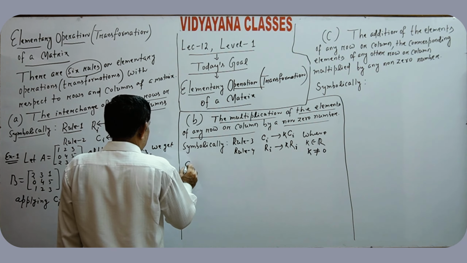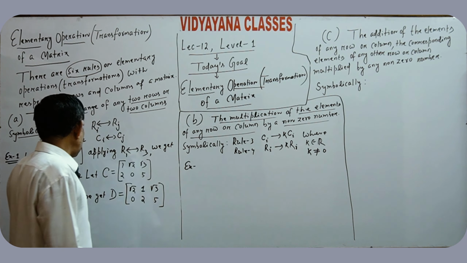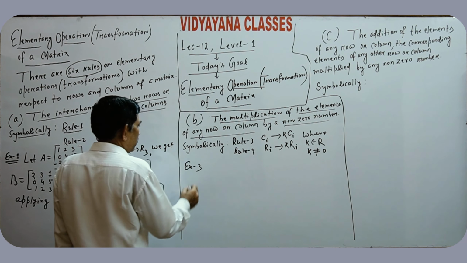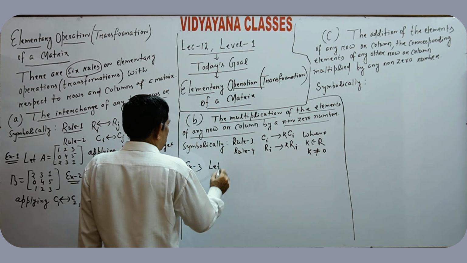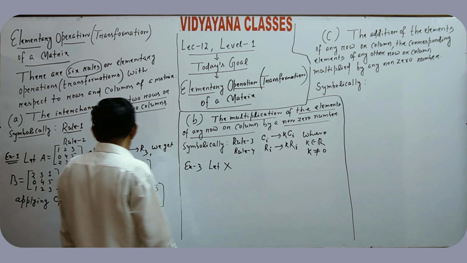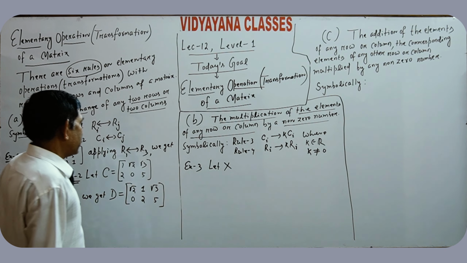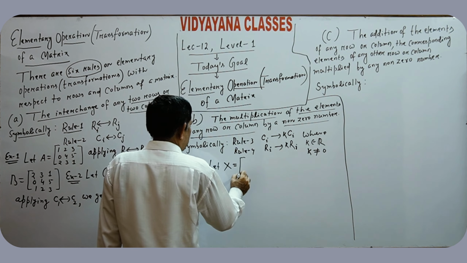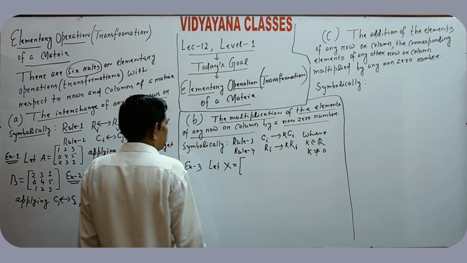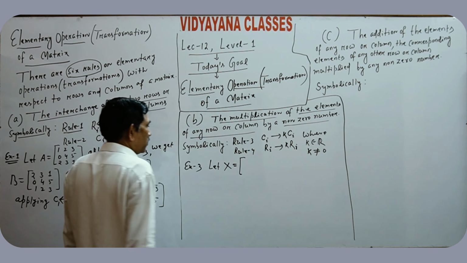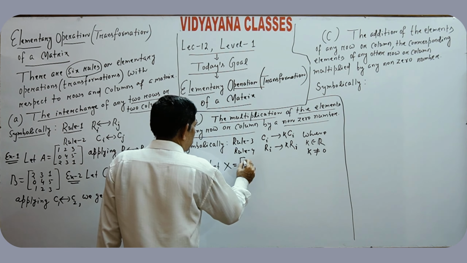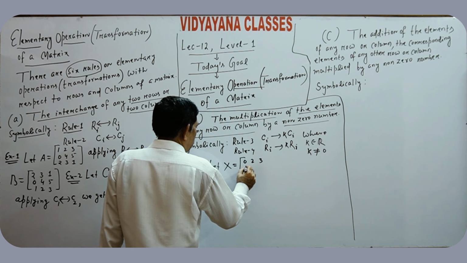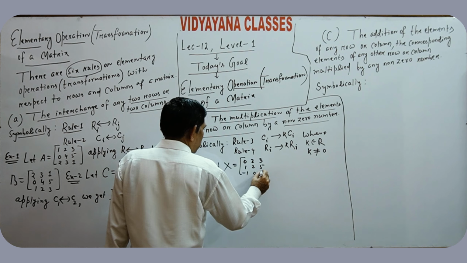Example 3. Let capital X be a matrix having elements 0, 2, 3, 1, 2, 5, minus 1, 0, 7.